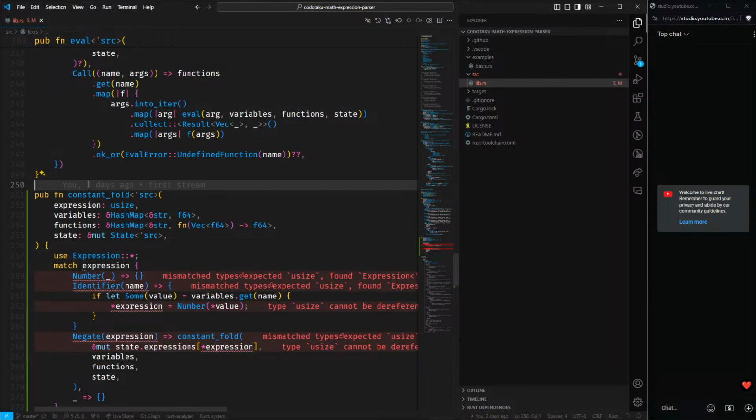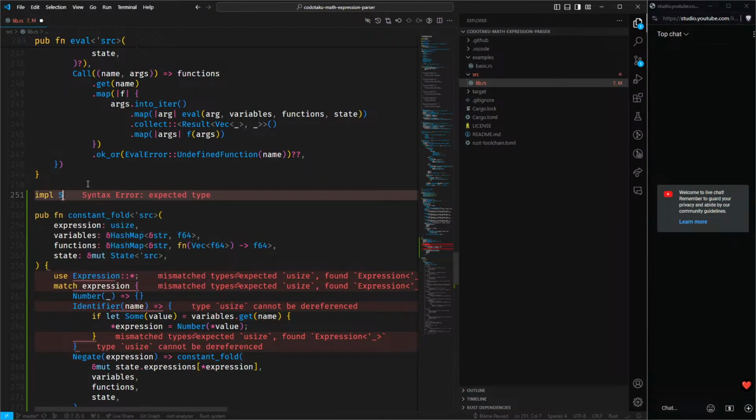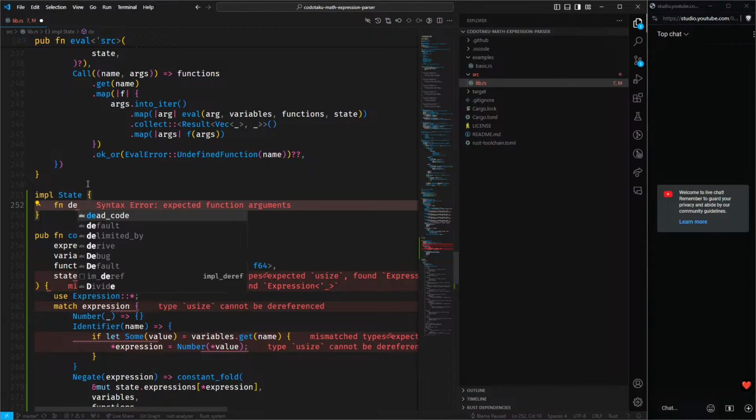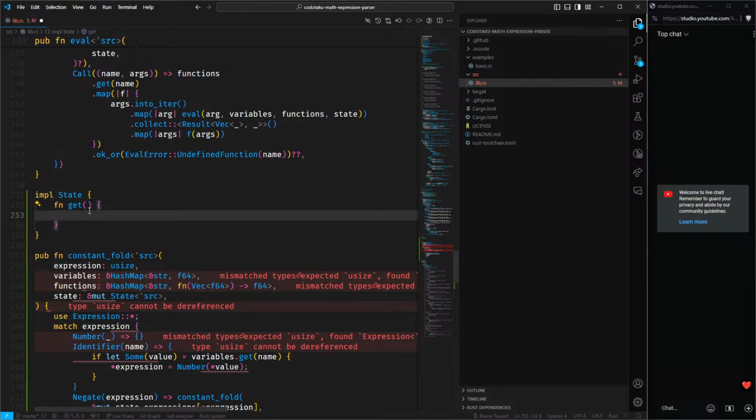So now we just have to make sure to say state.expression. And honestly, let me just make a function in the state, impl State, and let's make a fn. What should I call this? I'm not sure. Let's maybe call it get. I don't know.